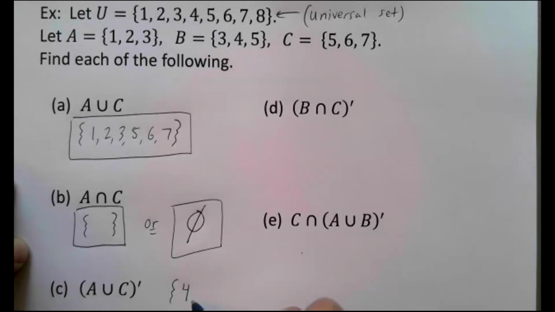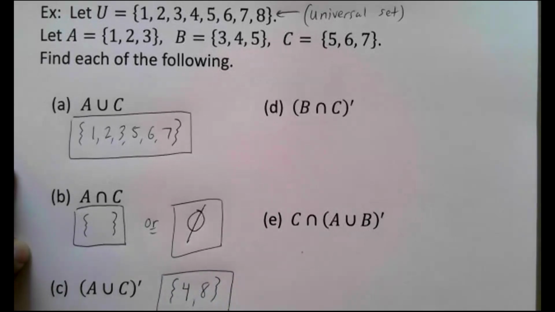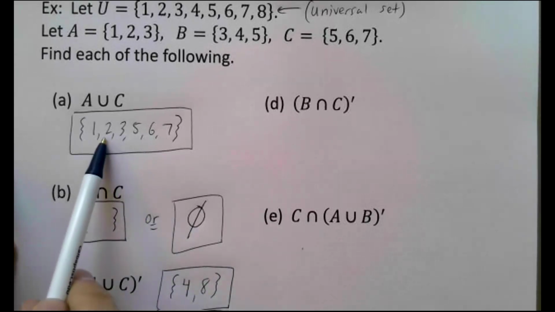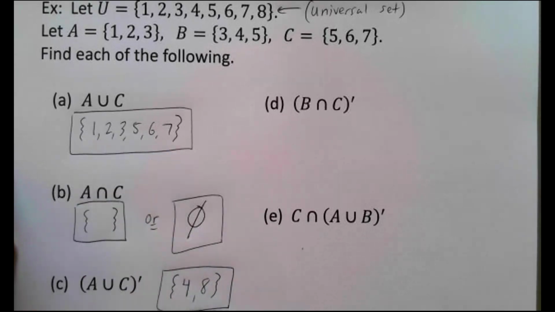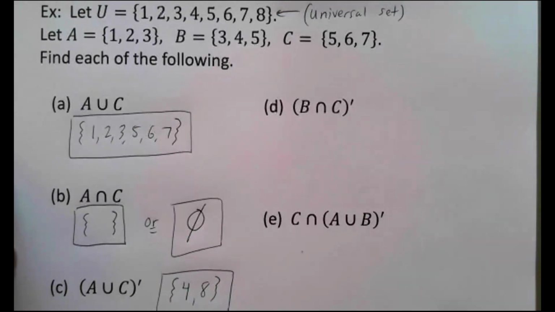Well, 8 is not in here. So 4 comma 8, that set represents the complement of A union C, the opposite of A union C. It's the opposite of the set we wrote here, when compared back to the universal set. So anytime you do something with complement, you're comparing back to the universal set.